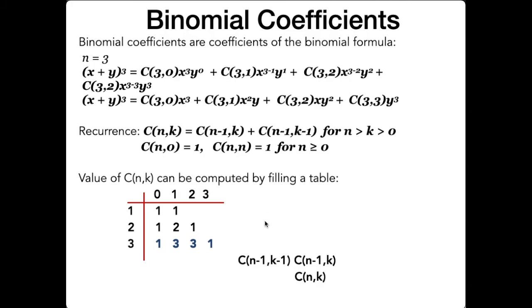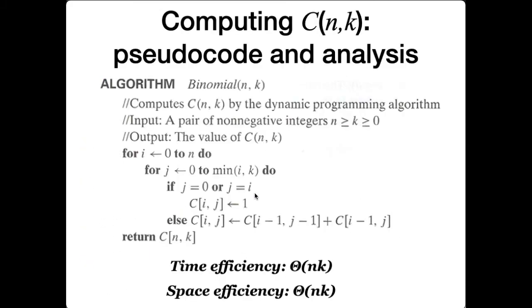So since this matrix is n by k, we have a total running time of theta nk. And the space efficiency is also theta nk because you are populating the content of the whole matrix. So that's it for this example. Let's move on to our next example, which is getting the longest common subsequence.